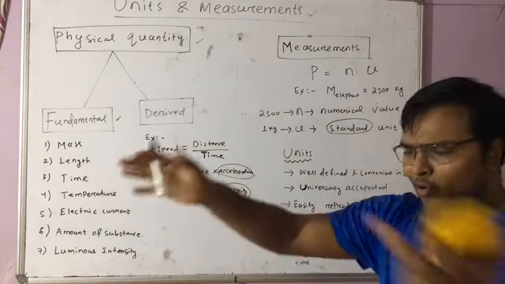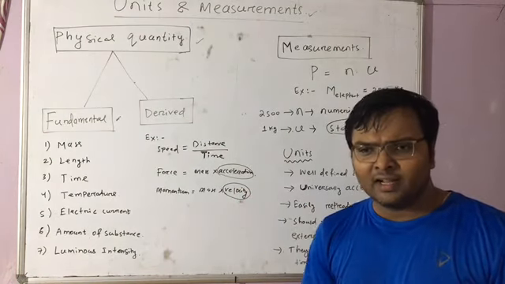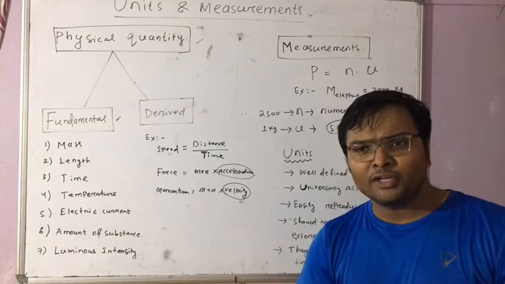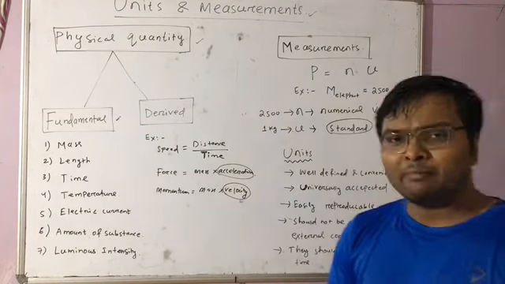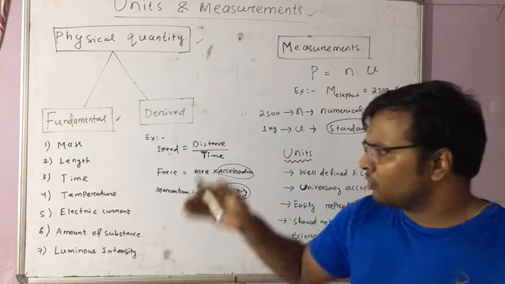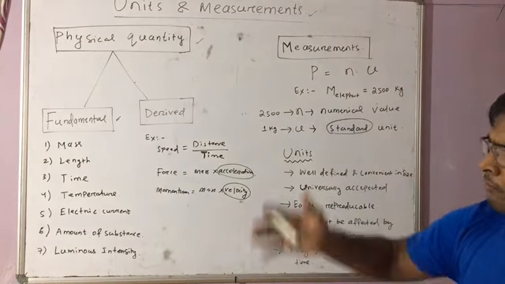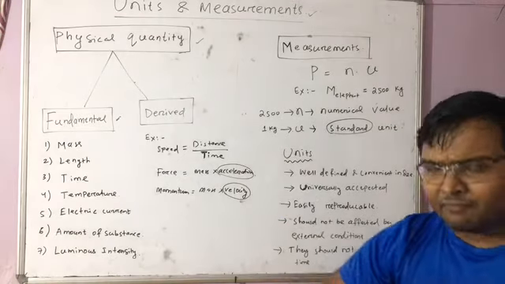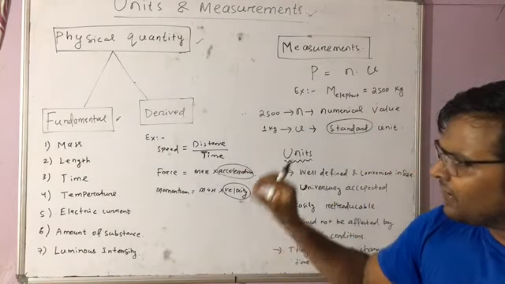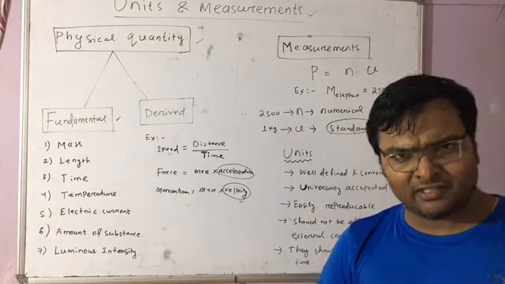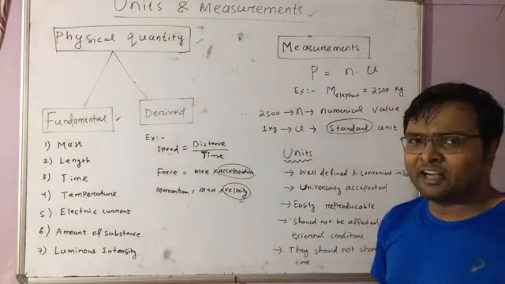So many physical quantities are there. They come one by one according to our uses and according to our research, time and again, our development. So with our development the physical quantities have evolved, and for our better understanding we have defined these physical quantities. Clear?